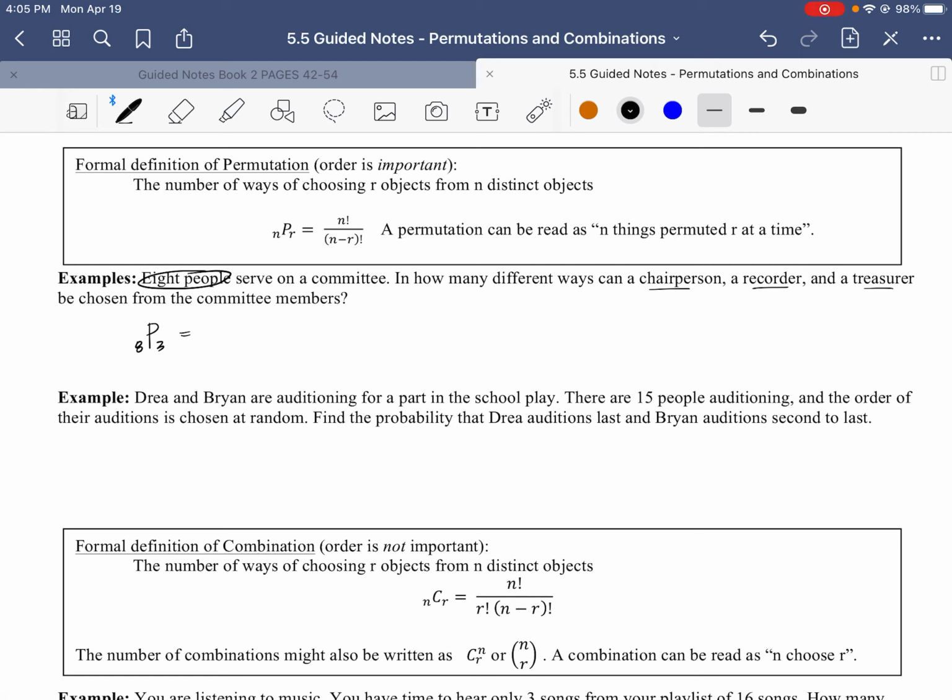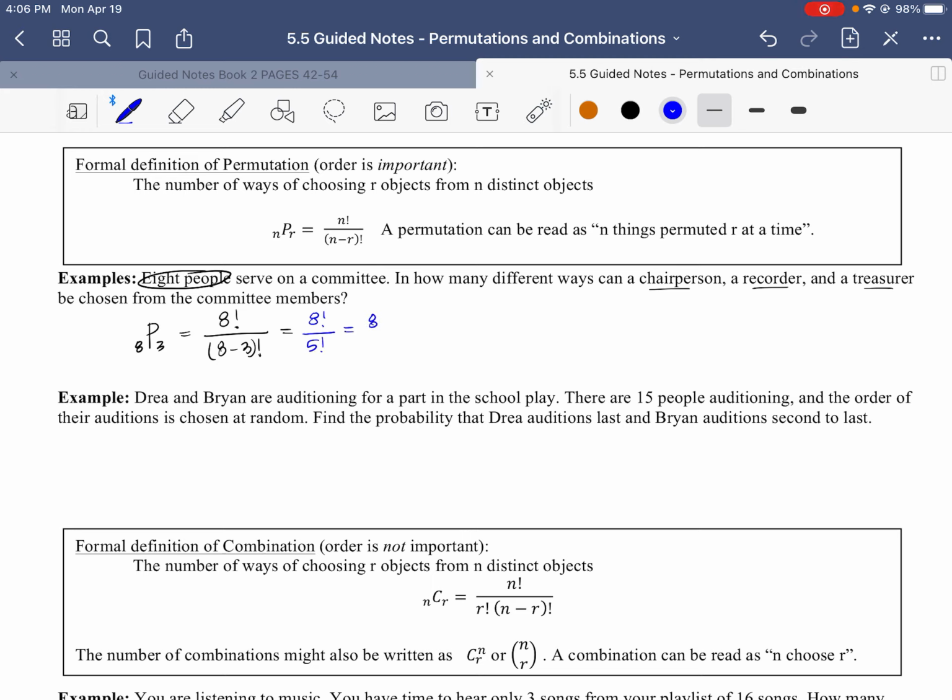So if I'm plugging this into the formula, I do n factorial, so my n is that 8, over n minus r factorial, so 8 minus 3 factorial. And then it's just a matter of simplifying like we just did on the previous page. So this is going to be 8 factorial over 5 factorial.